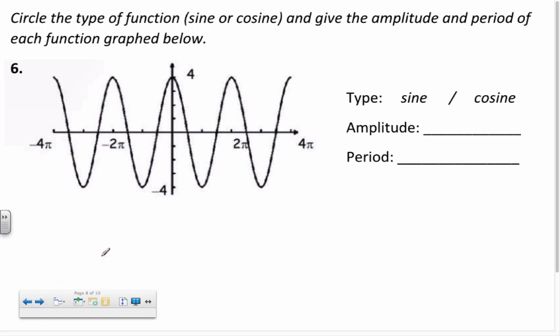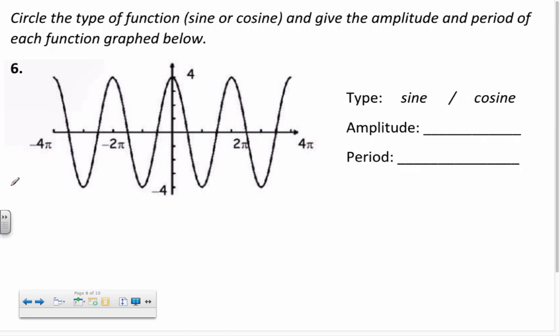Let's take a look at the next problem. Number 6 says circle the type of function, the sine or the cosine, and give the amplitude and period of each function graph below. Here I have to look at the graph to figure out if it's sine or cosine. The way I remember is sine starts at the origin and then goes up to a full amplitude, and cosine starts at the amplitude, either positive or negative, and then goes down towards the x-axis.